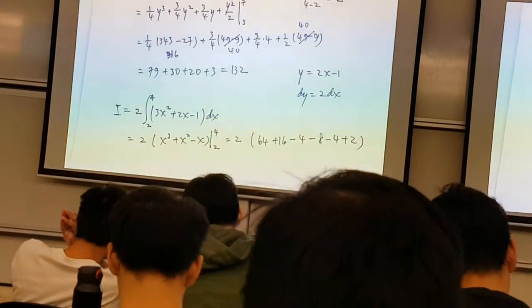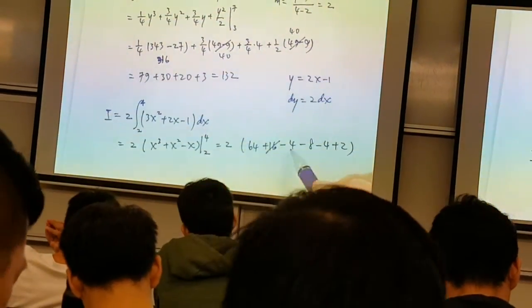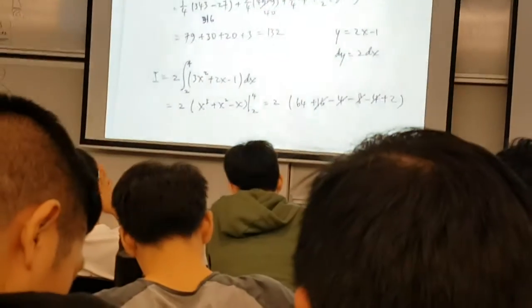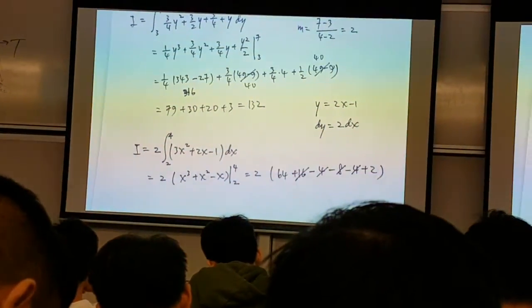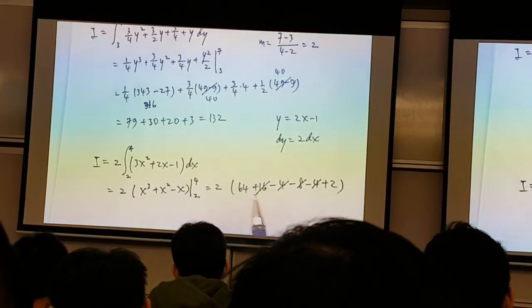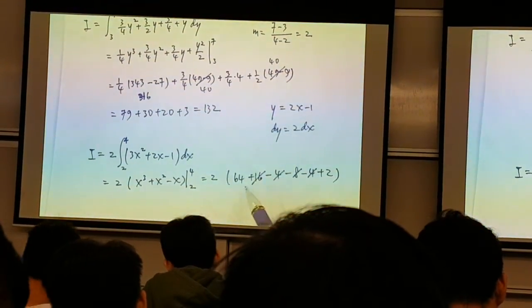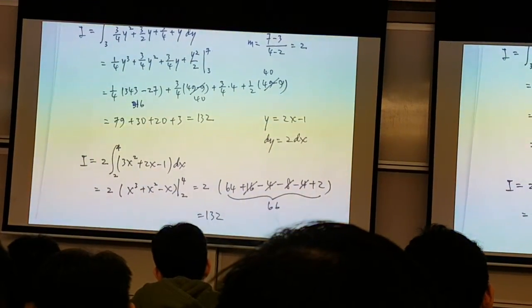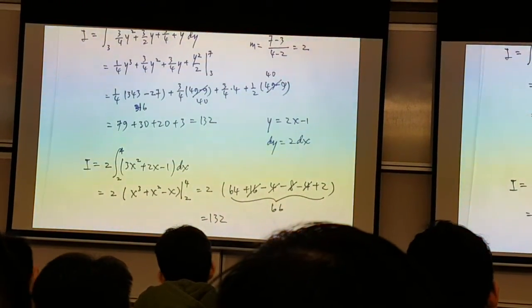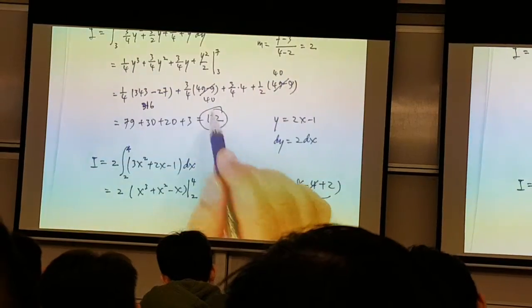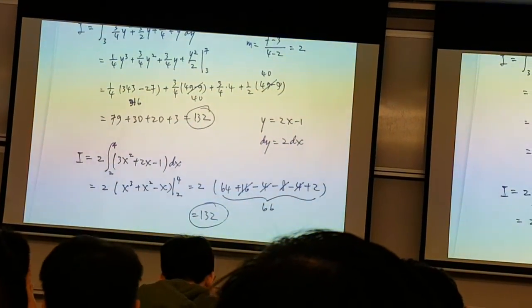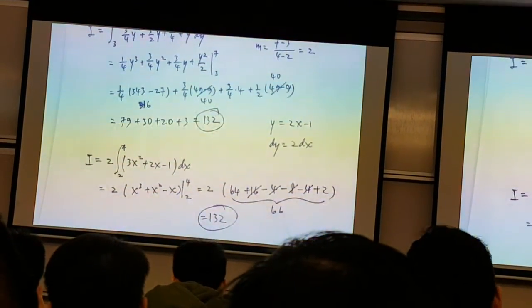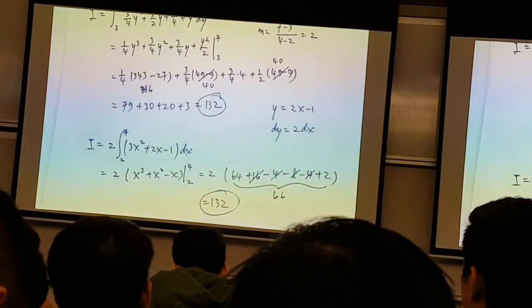Okay? So in a way, you see this will cancel out this. So what you get here is 66, and you end up with 132. The whole idea here is to show you that in the question, you are free to interchange.